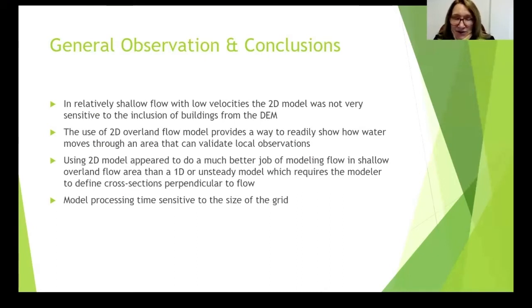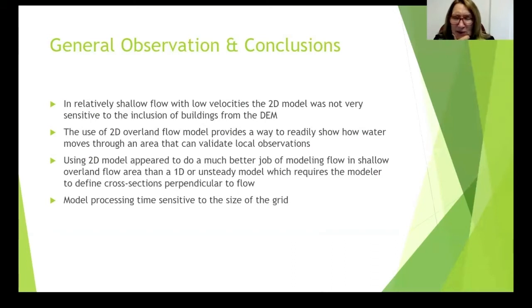The other thing that was really interesting about doing this modeling was that the 2D modeling really helped a lot where you couldn't simply put cross sections perpendicular to flow. We had an idea where we thought the flow line more or less was, but as you saw, particularly in that particle tracing model, it really seems to follow those streets until it starts working into a much bigger backwater or backyard water area.